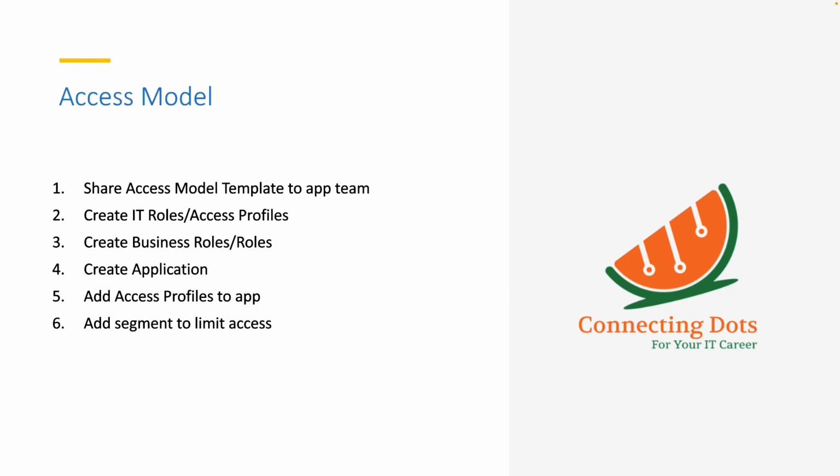Instead of looking over thousands of access profiles, you can look into that particular application, which will list down the access profiles created on that specific application. We add access profiles to that application. And the concept of segment is there in Identity Now to limit what access a user can see and request. In Identity IQ we call it dynamic population.